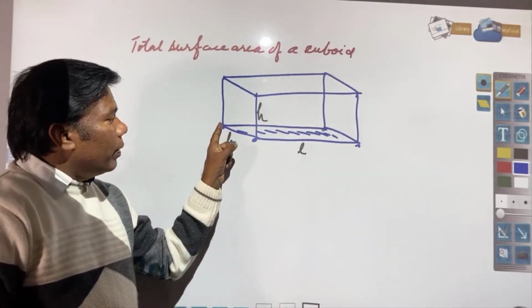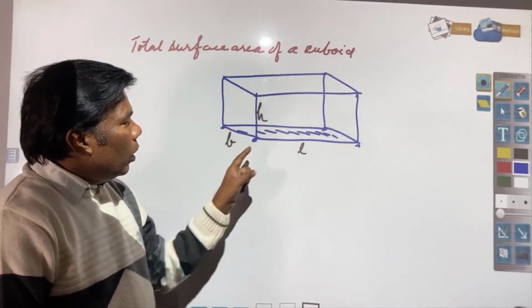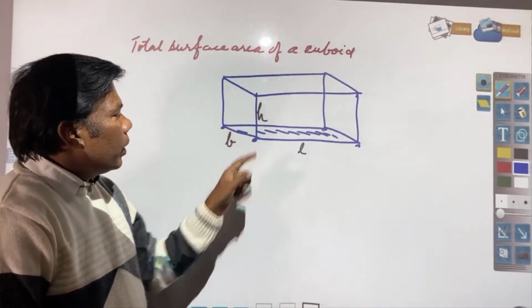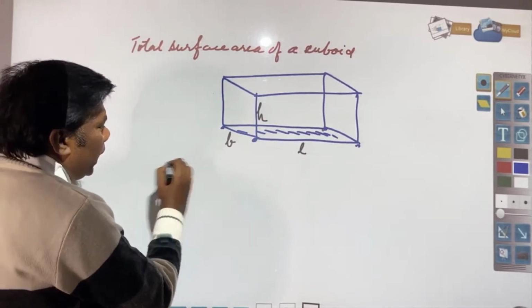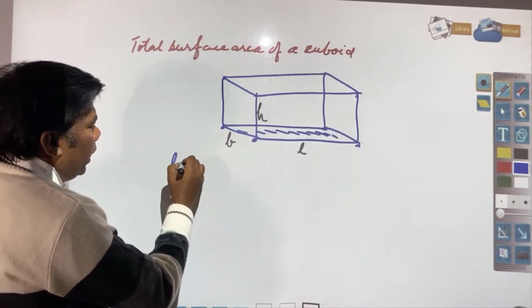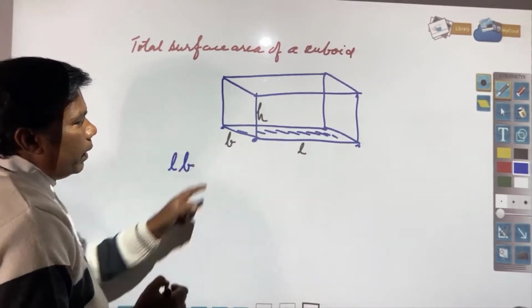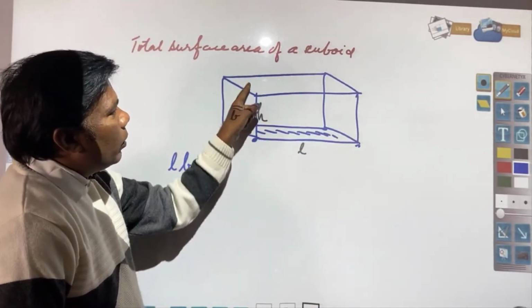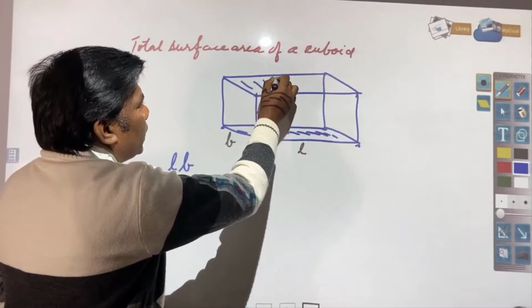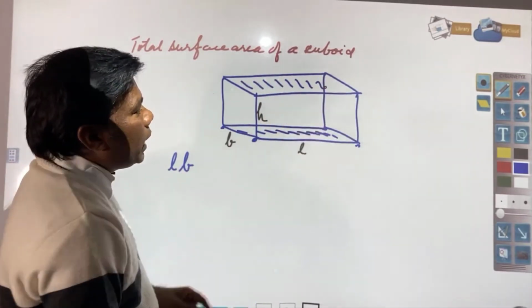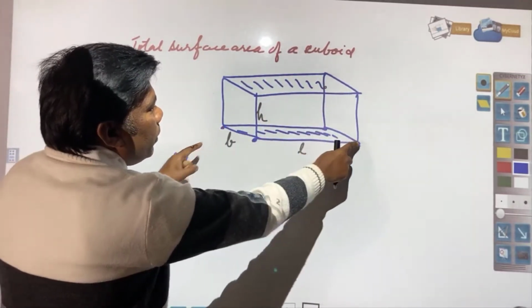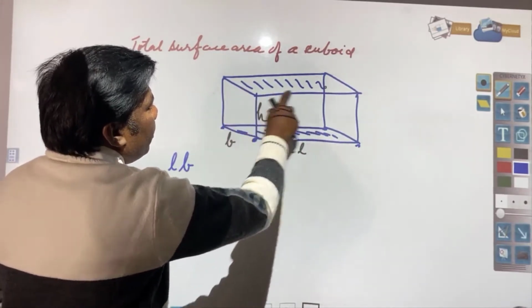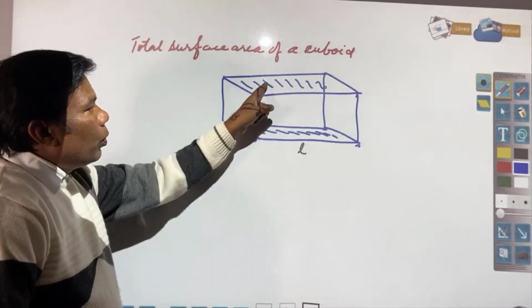The area of this floor will be L into B, because this is a rectangular shape. So first area you will be having L into B. Same area you will be having of your ceiling. So area of the base or floor will be equal to area of the ceiling. So both will be equal.